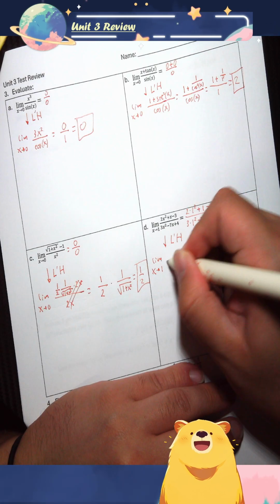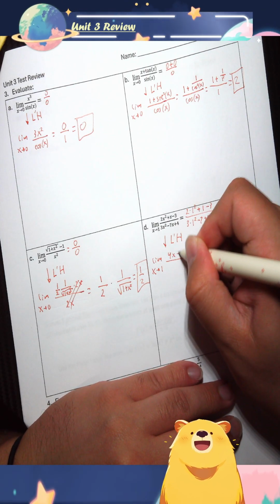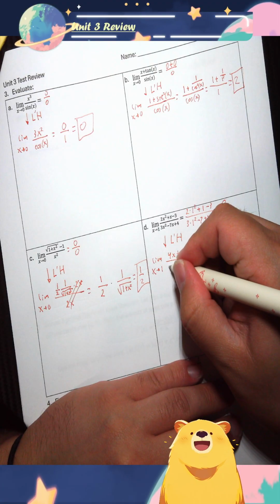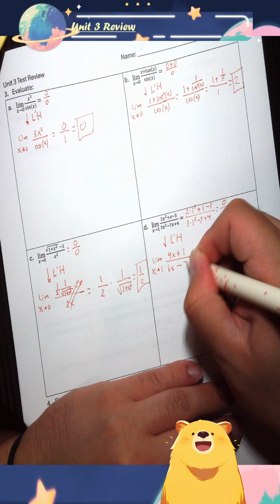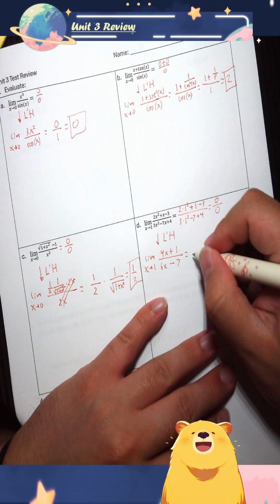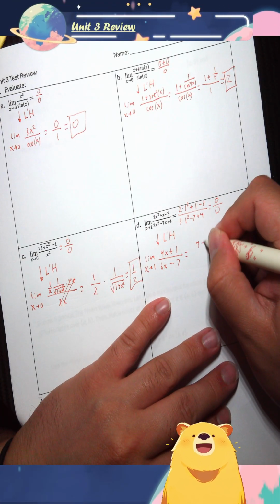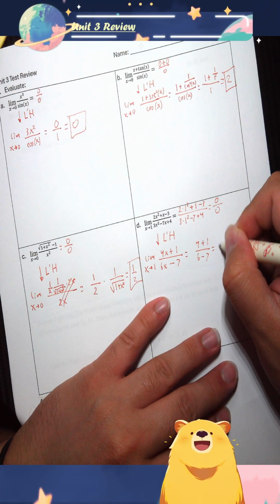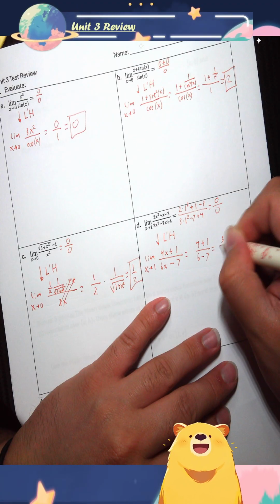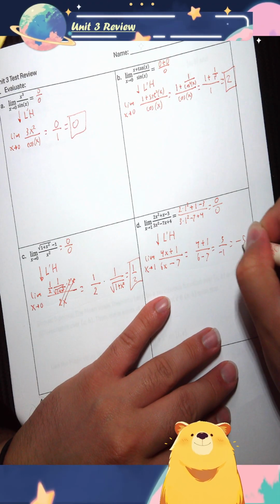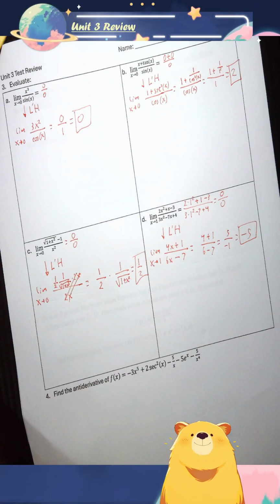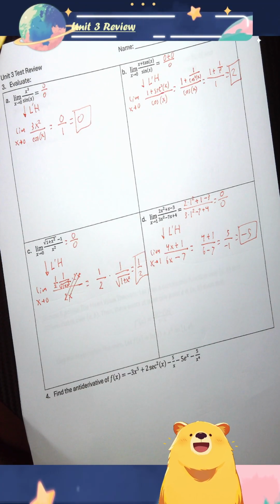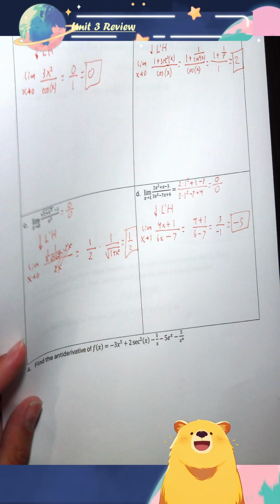So I have 4x plus 1 over 6x minus 7. Here, if I plug in 1, I'll get 4 plus 1 over 6 minus 7. And I'll get 5 over negative 1, which is just negative 5. Right. Those are my answers. Let's move on.